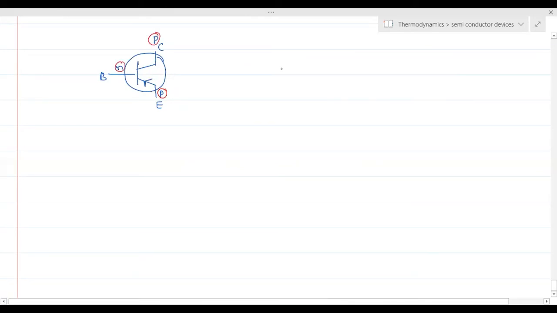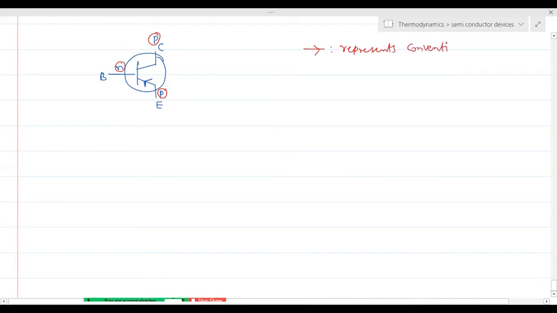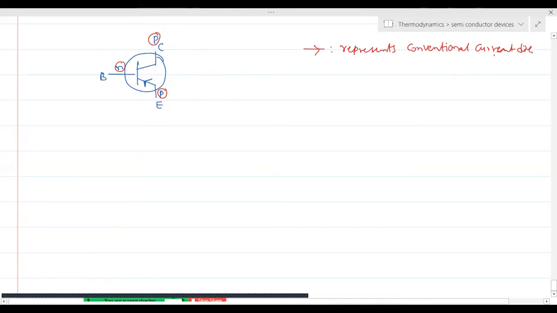Why? Because in semiconductor devices, everywhere you can see, the arrow represents the conventional current direction, from P to N. Already in the PN junction diode we also have an arrow.